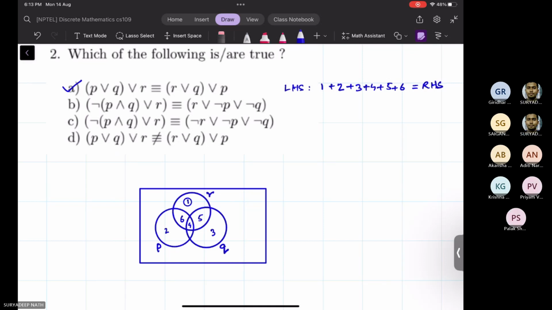Can someone say why B? Whoever mentioned that A, B, and D are correct, can you explain why B is correct?